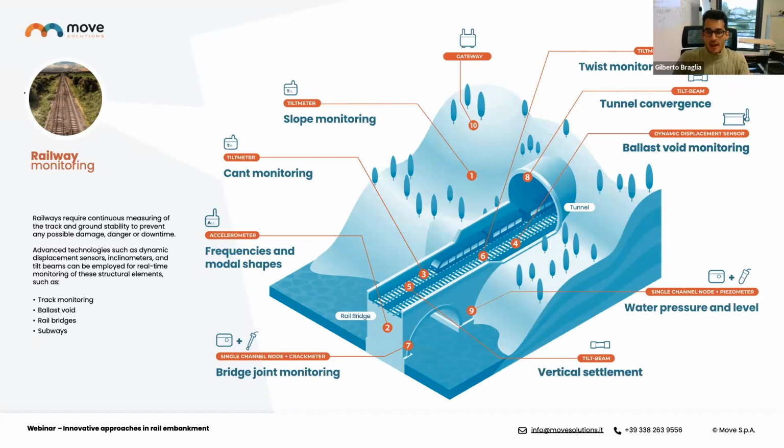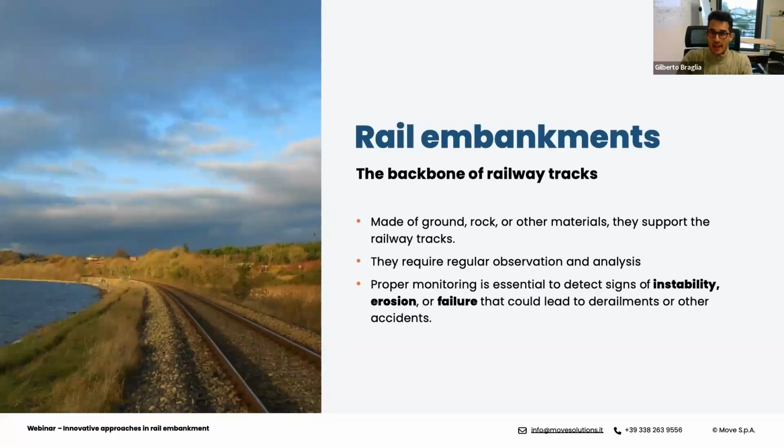You can check every kind of infrastructure, like the tunnels which the railway passes through, bridges, and meteorological parameters like wind, rain, and temperature. So you can see that basically you can check everything with a single system, which is pretty complicated.